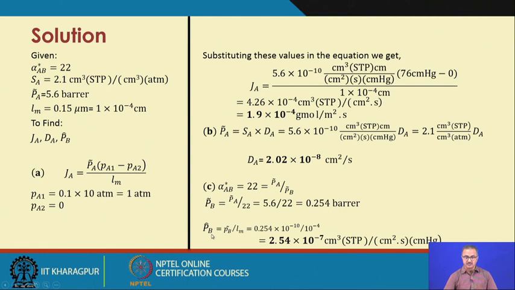Once we get this value, we put this value of PB tilde and divide it by the thickness of the membrane, and this is the permeance we get for component B. So we can see how this particular problem can be solved to find the flux, the diffusivity and the permeance of the various solutes.